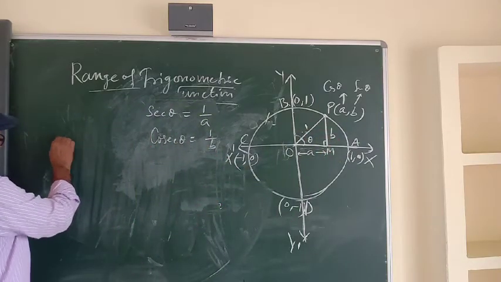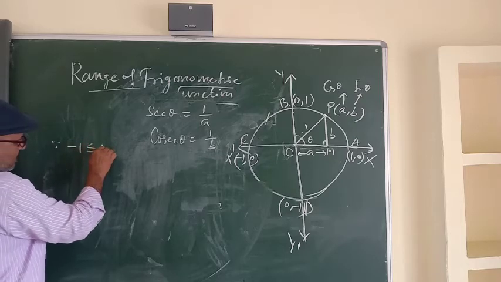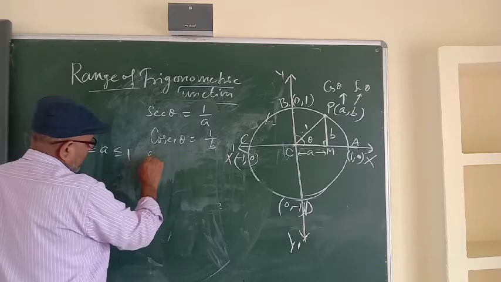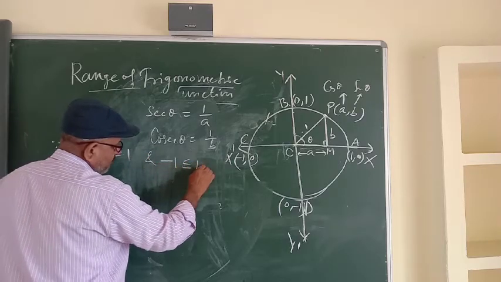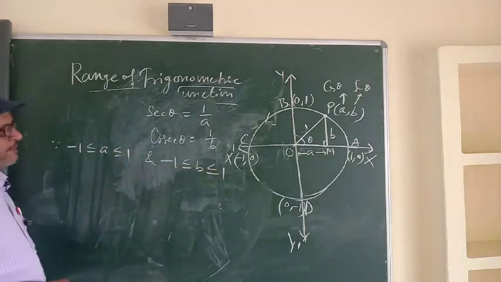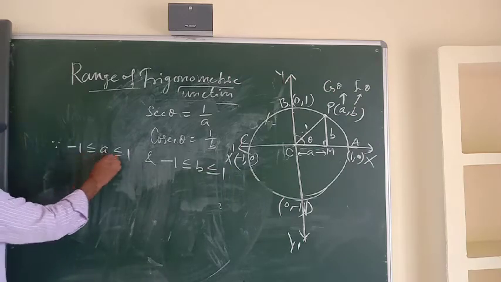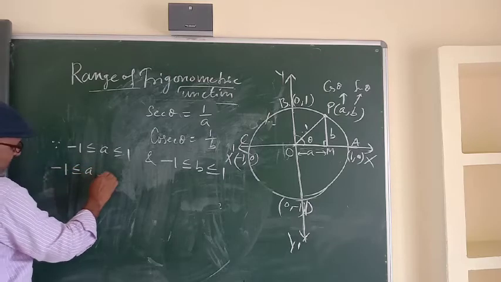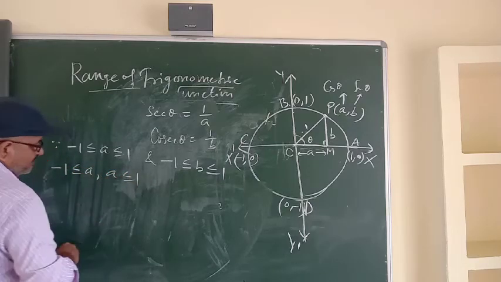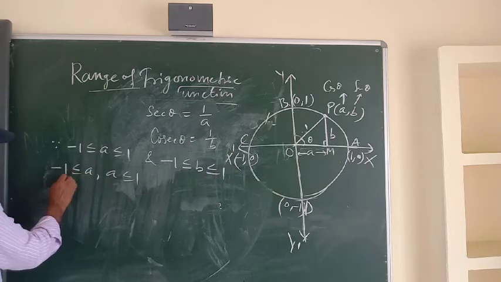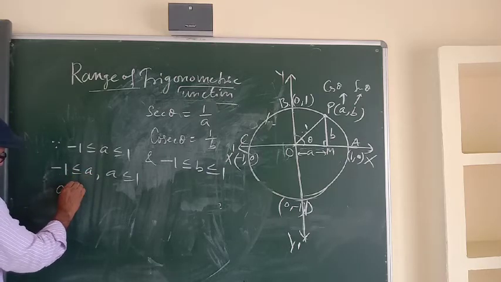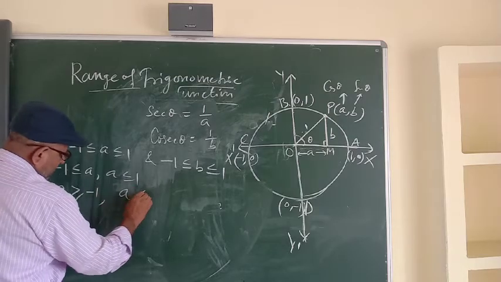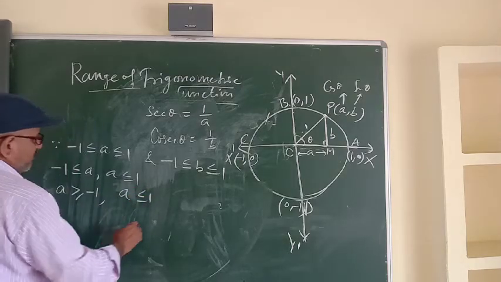Since we know that -1 is less than or equal to A less than or equal to 1, and -1 is less than or equal to B less than or equal to 1, we can split it into two parts. A is greater than or equal to -1, and A is less than or equal to 1.